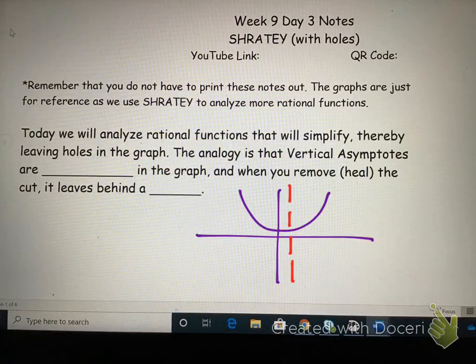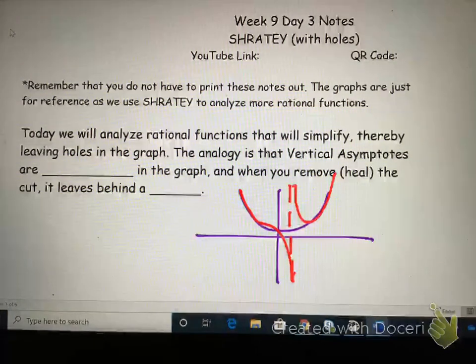The two branches of the graph are going to begin to behave differently. So my graph might do something like this, and they're going to split apart at that vertical asymptote.